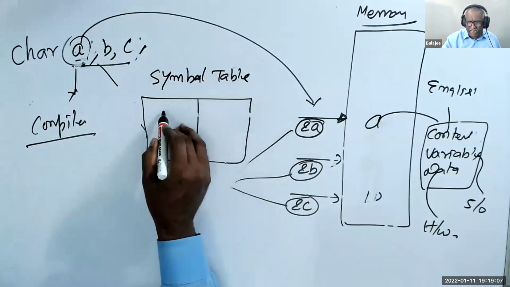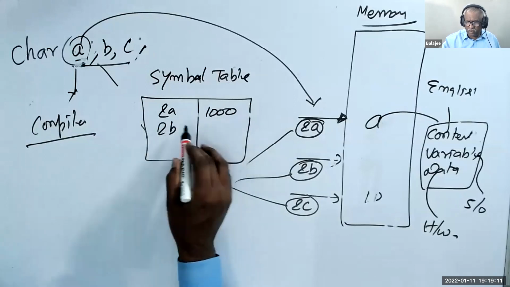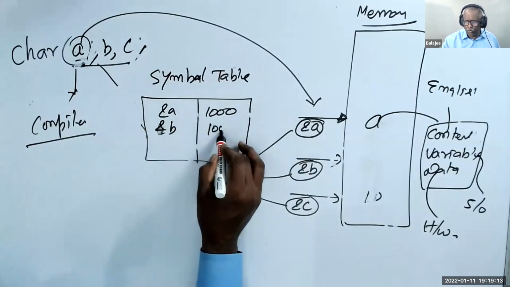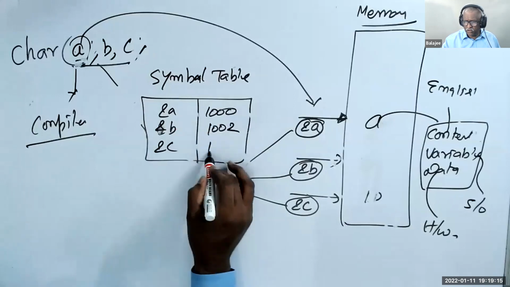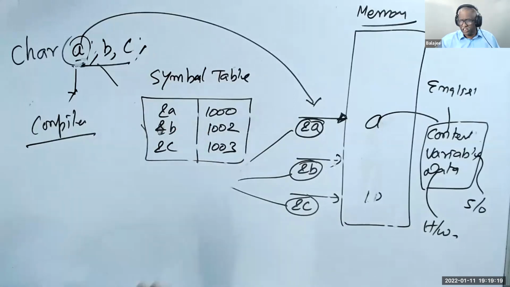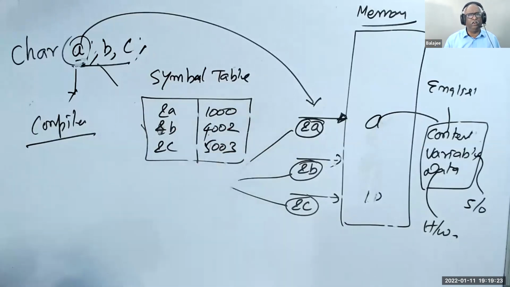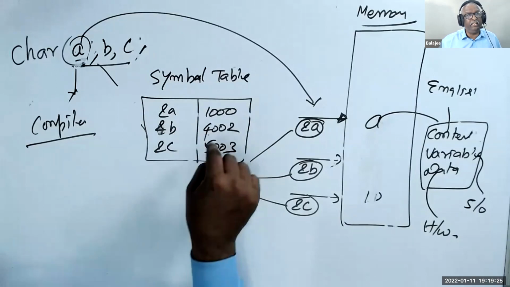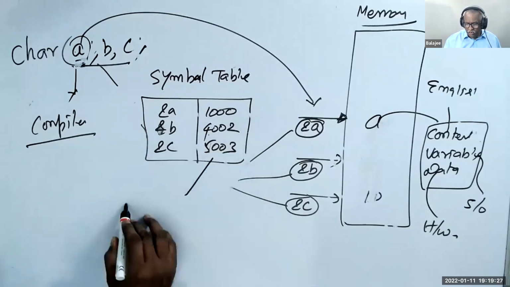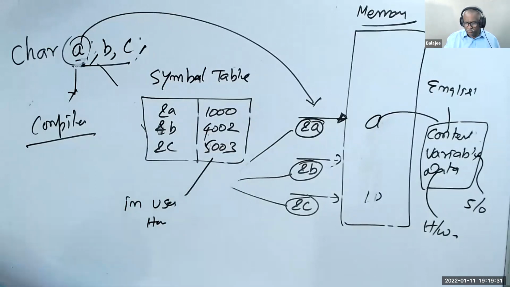And the compiler will say address of A is some 1000, address of B 1002, address of C 1003. Whatever it is, he may do his own wish. He may allocate 1000, 4000, or 5000. You cannot ask. The allocation of address is not in the user's or the programmer's hand.